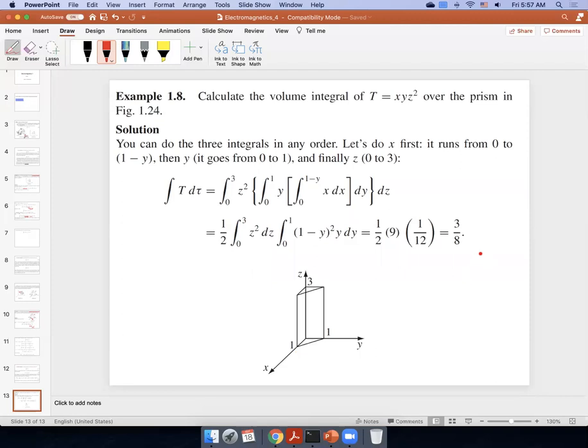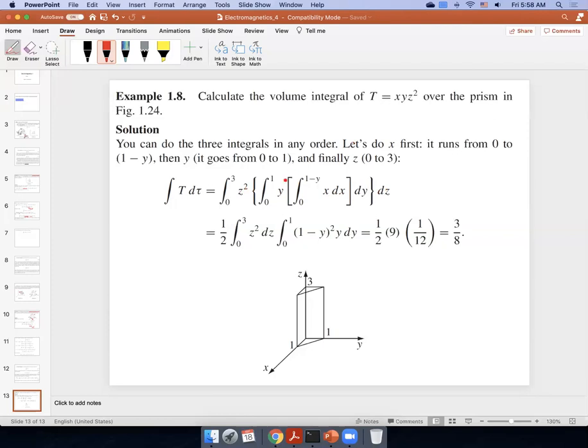You just write the equation here, the integral of T dt. The function T is x, y, z squared. dt is dx, dy, dz. So for x, you write x times dx. And then you write y times dy, and z squared times dz.